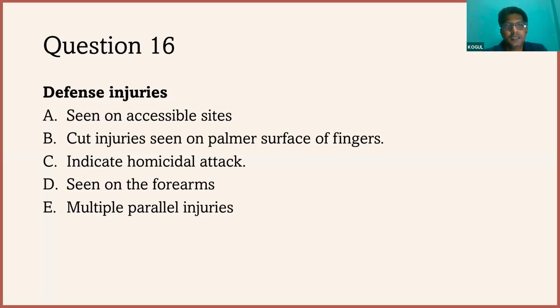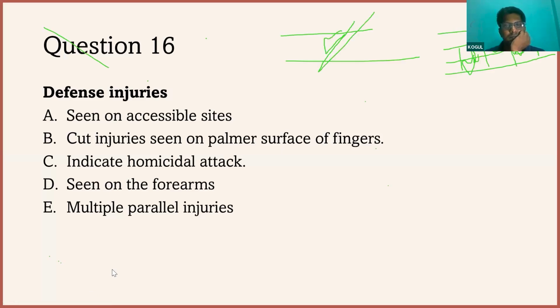Multiple parallel injuries. What are your defense injuries? Multiple parallel injuries, that is your answer, true or false? True? Because multiple, while defending, means it's not in an organized manner.